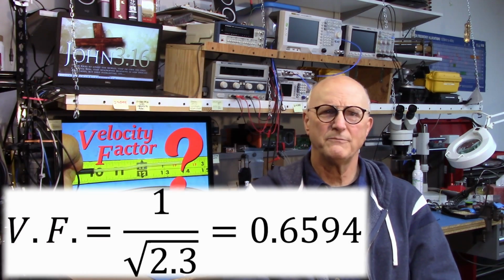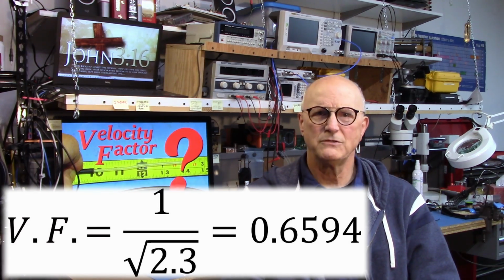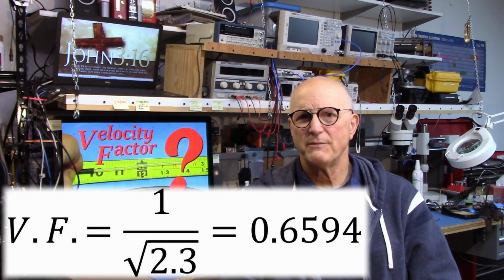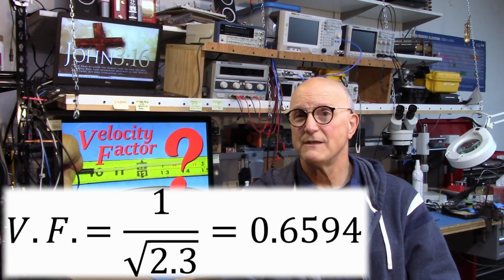So the nominal center-of-the-road theoretical velocity factor of this coax would be 1 divided by the square root of 2.3, which comes out to be 0.6594. Well, looking at the coax specifications, we're told that its velocity factor is 0.66.